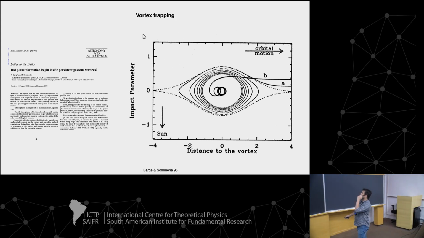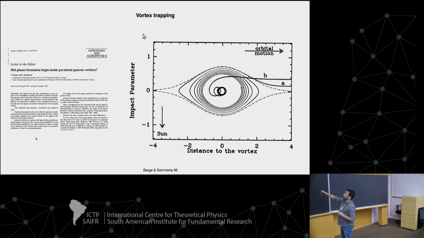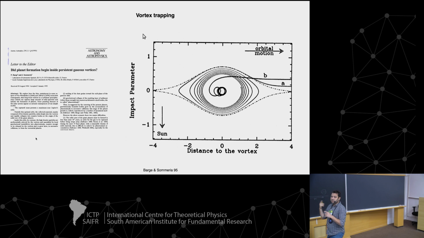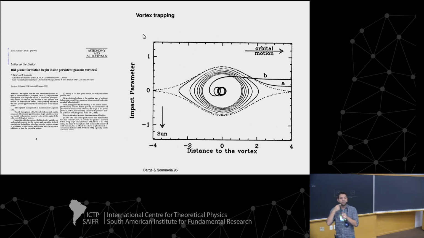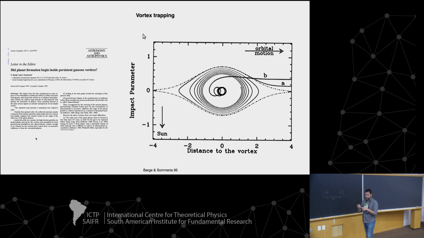In this paper, it was proposed that if you have a vortex somewhere in the disk, and you are a dust grain, these are two trajectories of dust grains, A or B, with a high impact parameter and a lower impact parameter. The dust grain would enter the vortex, and because it is also suffering gas drag, it will move towards the center. Essentially, it's the same process that is happening to the dust grains in the larger disk.